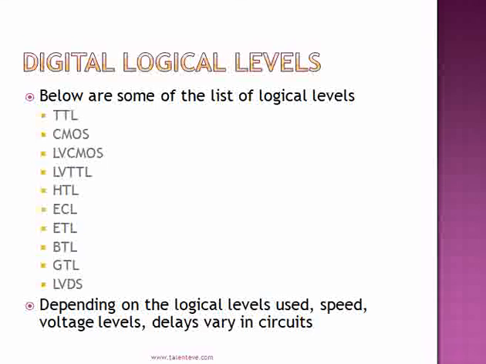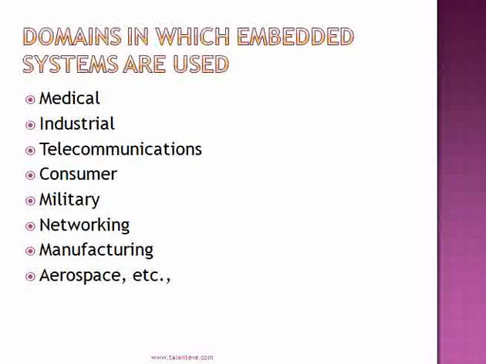Ultimately all these logic levels are realized by logical gates internally. So all these different parameters are very important for us to understand. Why the speed varies, why there is a propagation delay, all these we will talk about in the advanced level. As this is a basic level, we will just go through what the different things are.